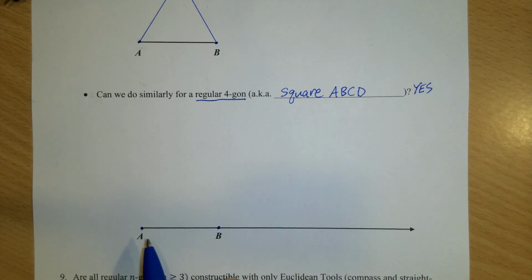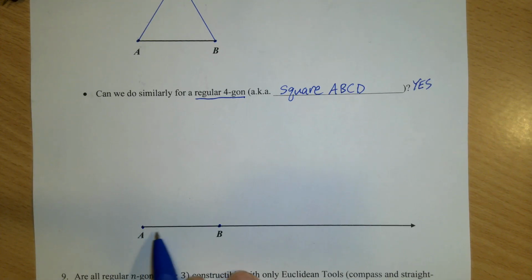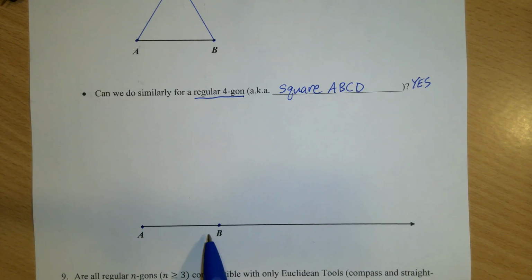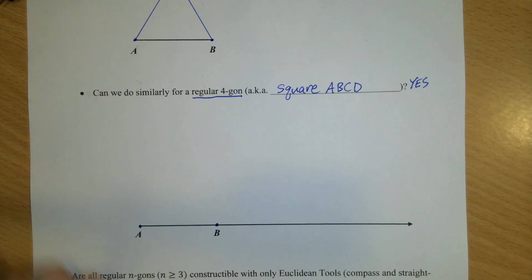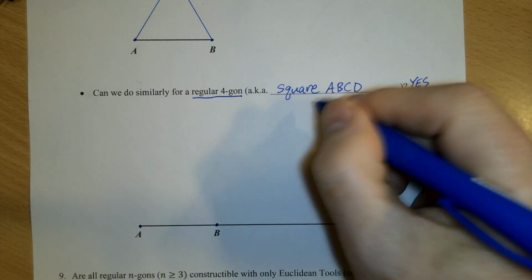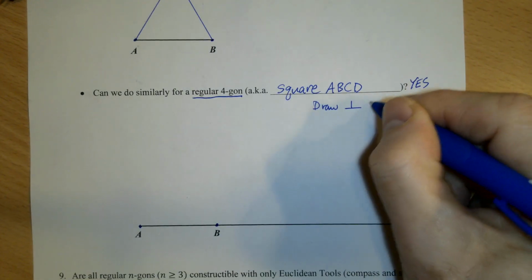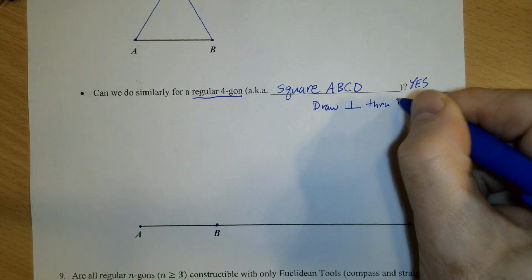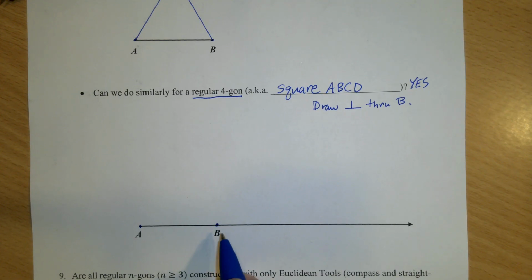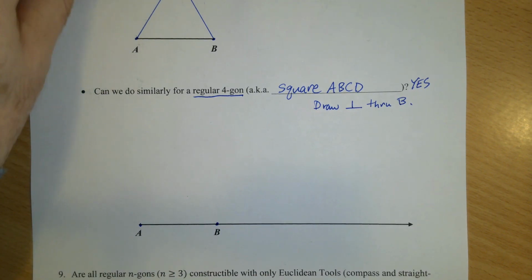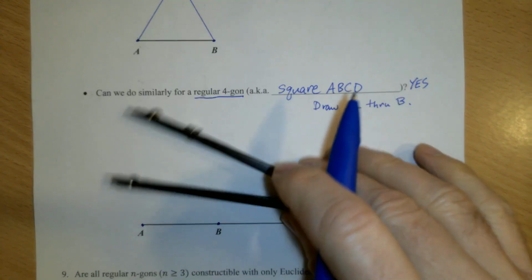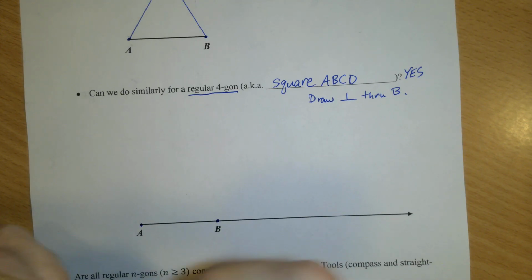I'm not going to write down every step, but I've already started it off for us. You draw a ray, I'll call it AB, and you need to extend it beyond just the segment AB. Since I've already got that done, I'm going to draw a perpendicular through the point B. So I have to construct a perpendicular using these tools. Well, how can I do that?